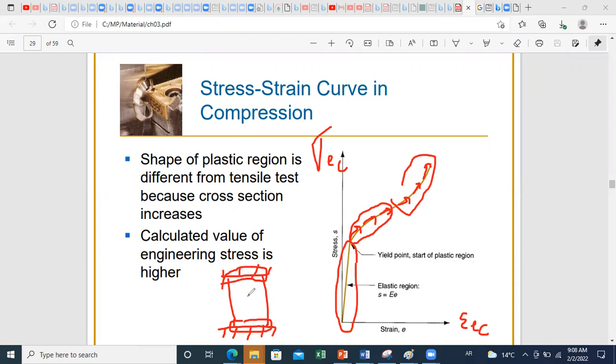You know that during compression, the cross-sectional area will increase as you proceed with the test. But here, because of friction between the specimen and the plates which are in contact, these friction forces will tend to oppose this behavior at the end of the specimen.